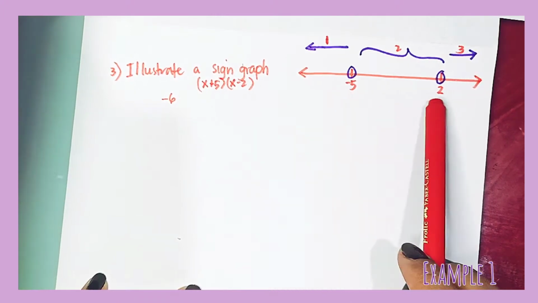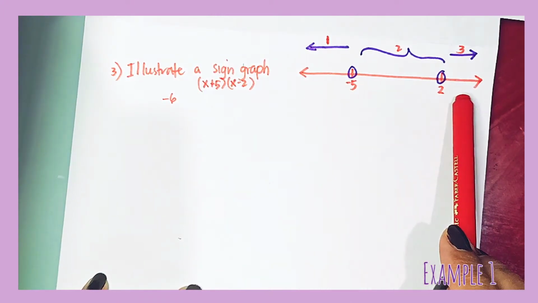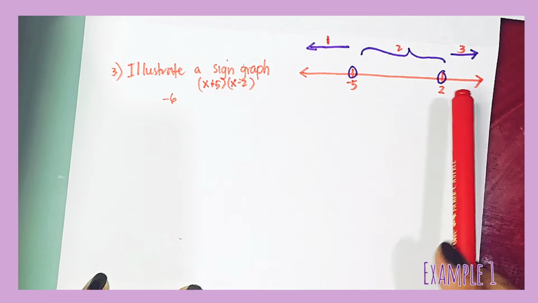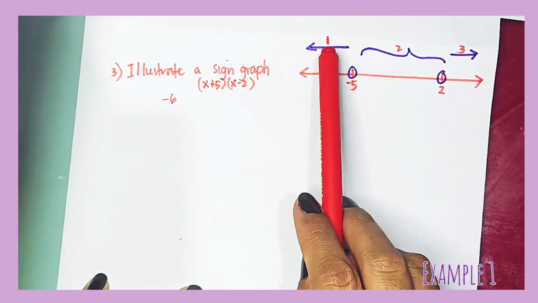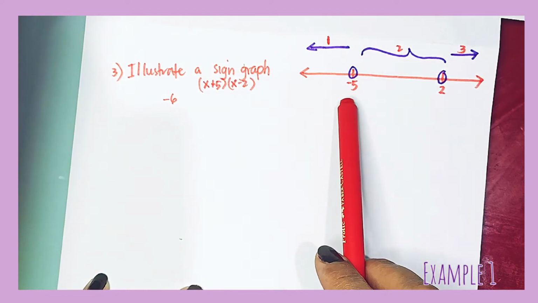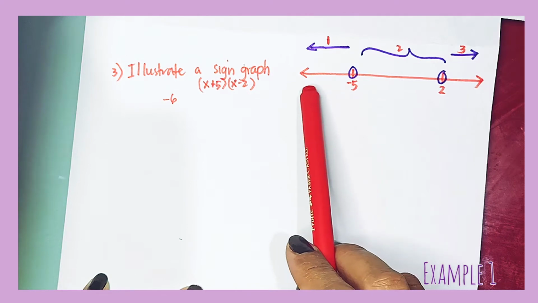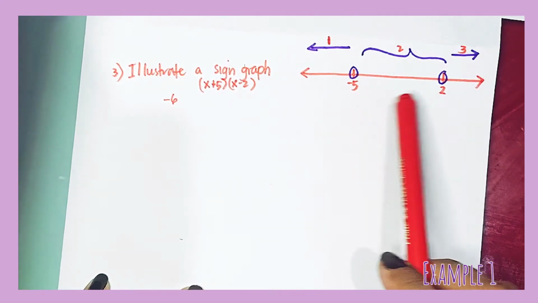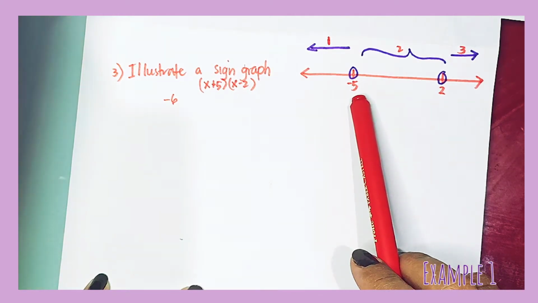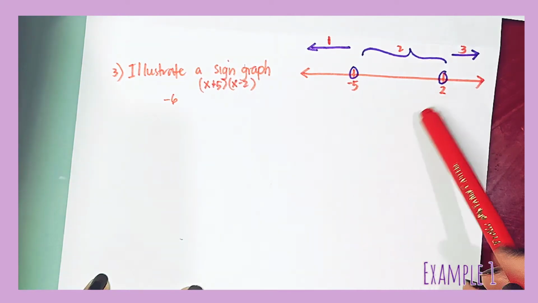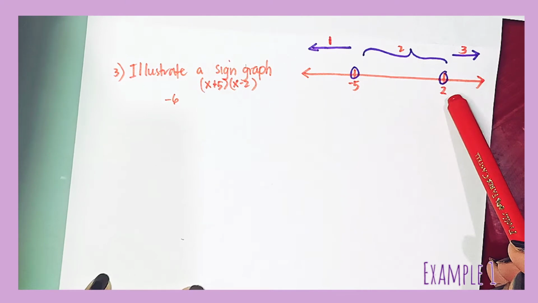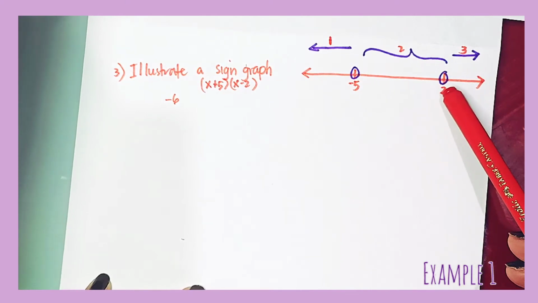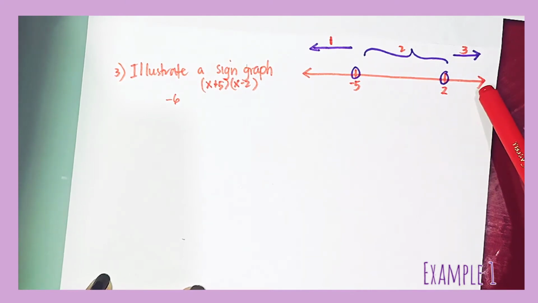As you can see, the number line has been divided into 3 regions. Region 1 or area 1, these are the numbers from negative 5 to the left. Area number 2, these are the numbers in between negative 5 and positive 2. Area number 3, these are the numbers from 2 to the right side of this number line.